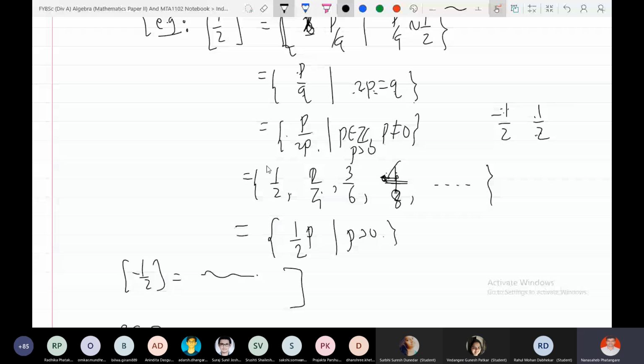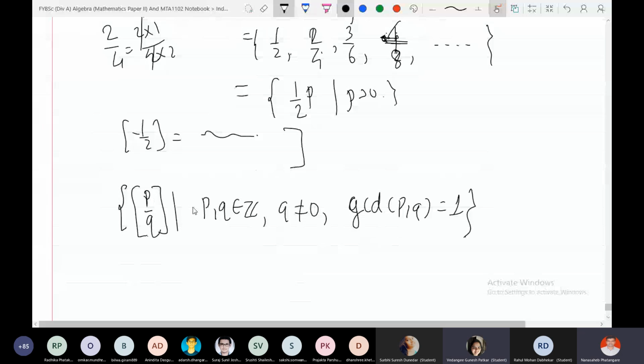Therefore, all are half times some positive integer. And what is the common factor? 2 by 4 is 2 into 1 and 2 into 2, so whatever is common cancels out. 3 by 6 is 3 into 1 and 3 into 2, 3 is common, cancel out. And therefore what remains is only 1 and 2. And what is the GCD of 1 and 2? GCD of 1 and 2 is 1. So this is the observation.